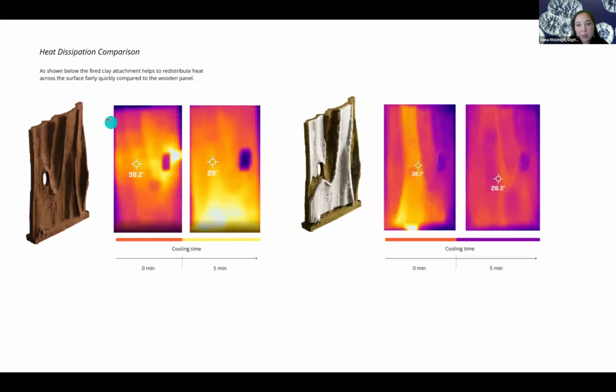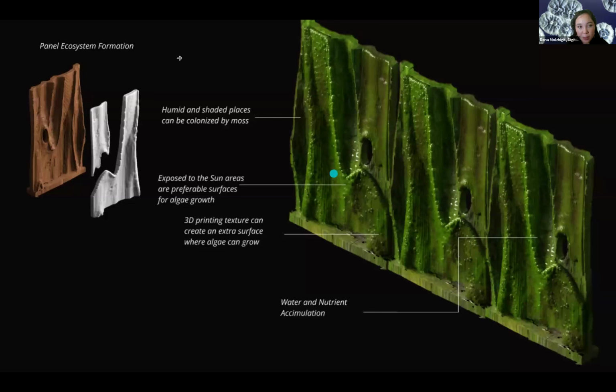Then we did the same test, a heat dissipation comparison, 5 minutes. As shown below, the fired clay attachments help to redistribute heat across the surface fairly quickly compared to the wooden panel, which is very useful during hot summer days. So this is the final image.